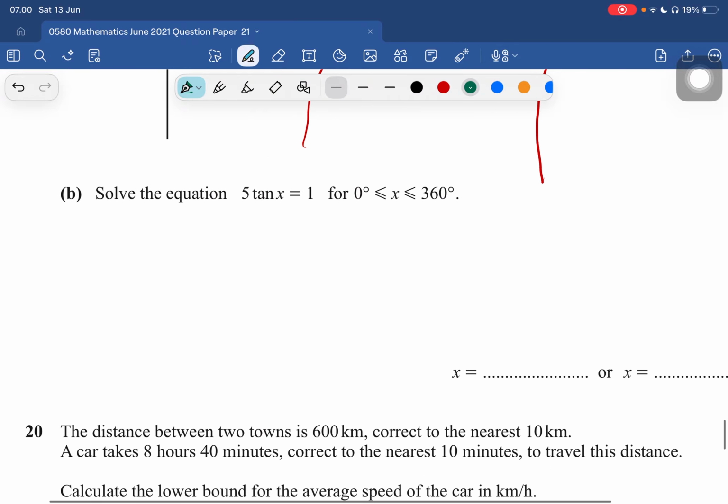Okay, solve the equation 5 tan x equal to 1. So this is 5 tan x equal to 1. First we divide by 5. So this is 1 over 5. We need to use a calculator to find the first angle.